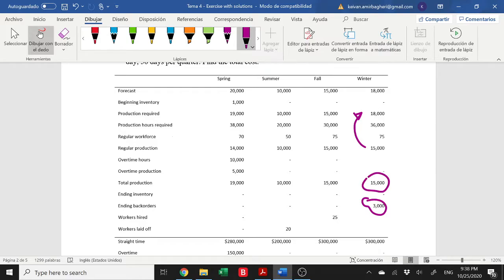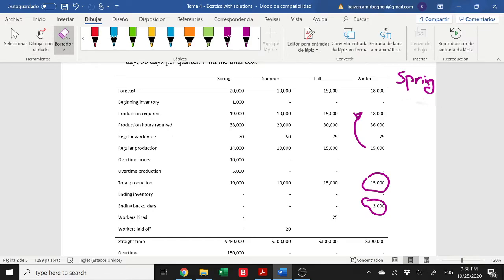And imagine the next spring, we start the forecast, whatever it is, the beginning inventory is minus 3,000. What is the meaning of that? It means that not only do we have nothing in our hand, but we also need to answer 3,000 of the need for winter in this spring.